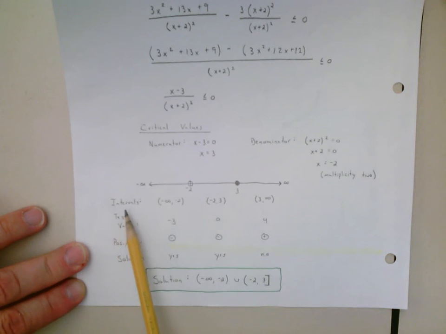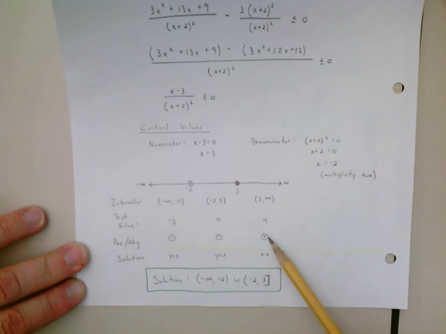Just as with polynomials, I have divided my number line into 3 intervals using my critical values. I've selected an arbitrary test value within each interval. It doesn't matter if you choose the same values as I have or not, as long as the value you choose is within the interval you're testing. After testing my function at each of these, I've concluded that in the first two intervals, my test values create negative function values.